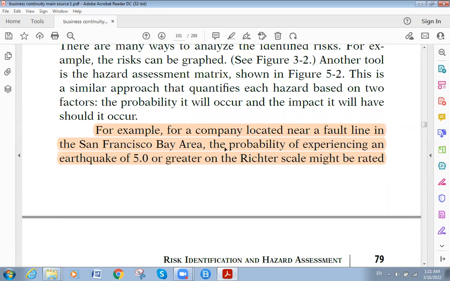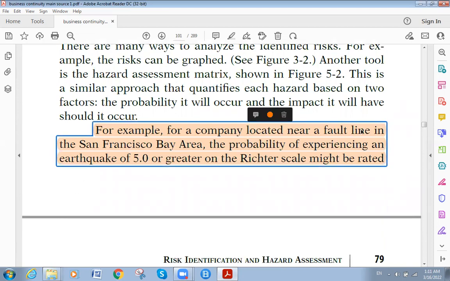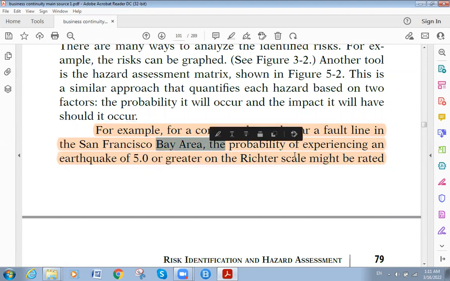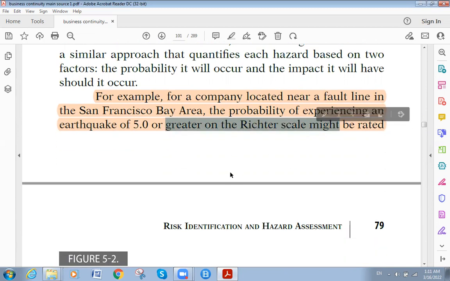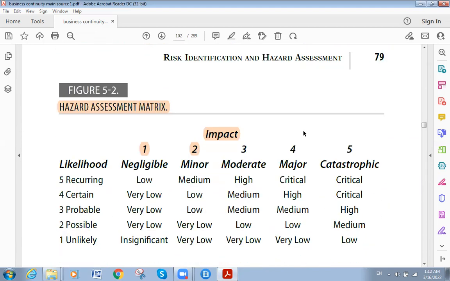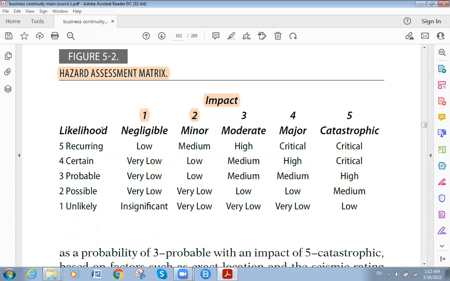For example, for a company located near a fault line in the San Francisco Bay Area, the probability of experiencing an earthquake was 50% or greater on the Richter scale. Here are the rates, like here is an example, the likelihood or the probability, and here is the impact.